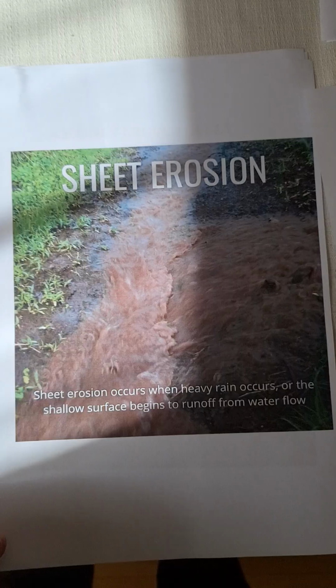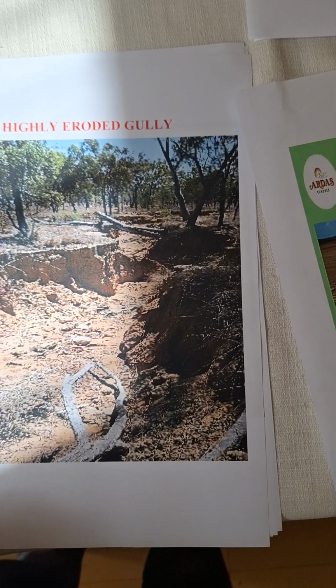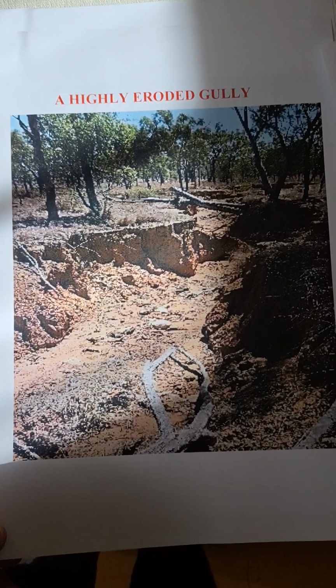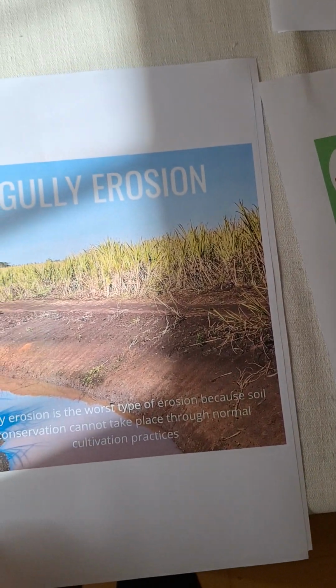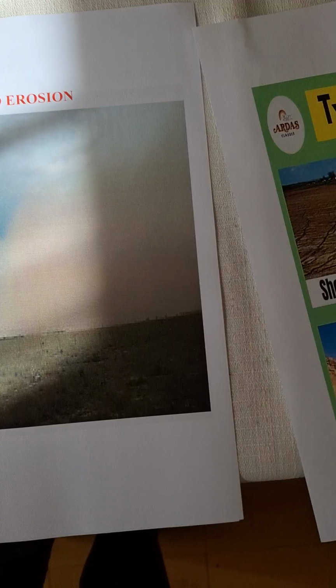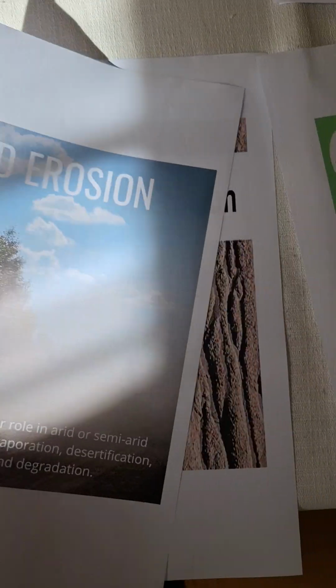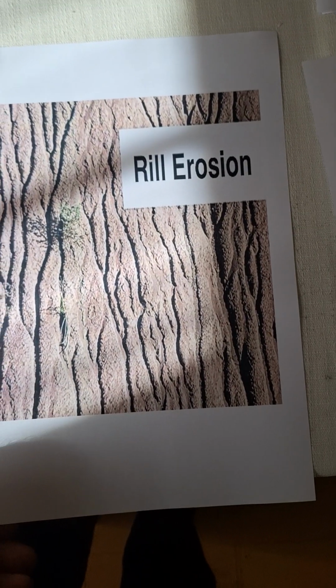That one brings us to sheet erosion. That one shows us gully erosion and presents a highly eroded gully. That is another picture of gully erosion. That one shows wind erosion, how dust is flying in the skies, still wind erosion, and another picture of rill erosion.